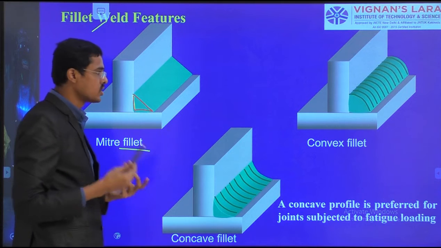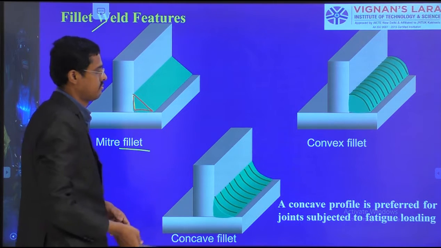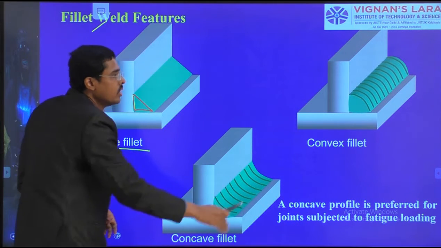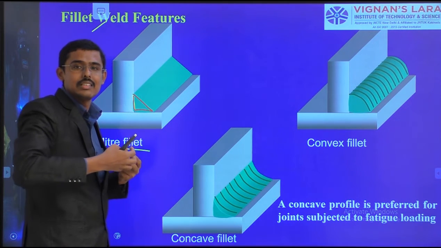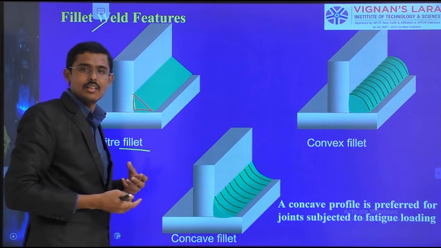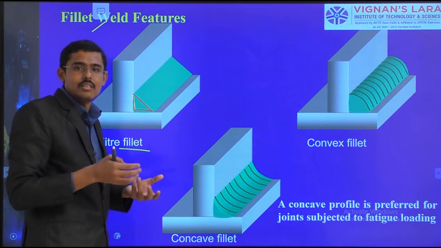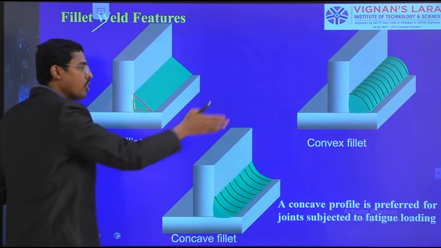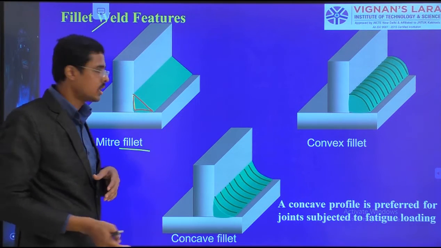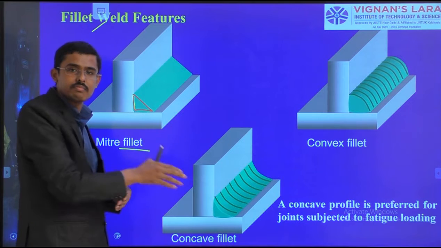There are no curvatures. It may be concave, it may be convex. That increases the stress points and reduces the withstanding strength. Therefore, it should not be convex. It can be flat.